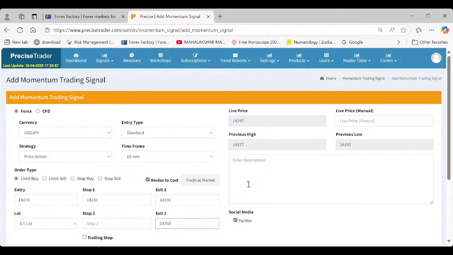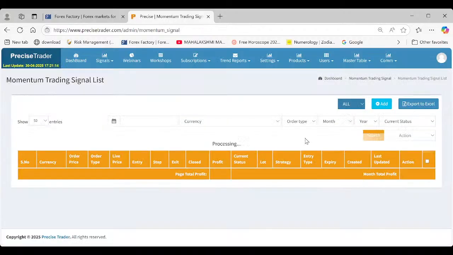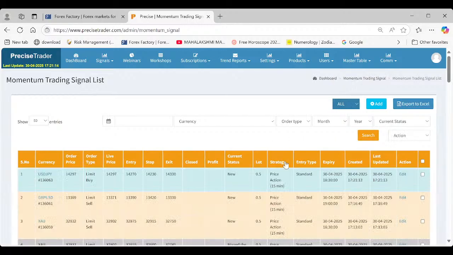We have two price targets. We will give about 1 hour for this trade, so we should be putting in about another 1 hour for this trade to get seen.